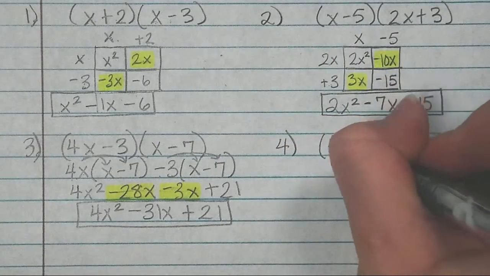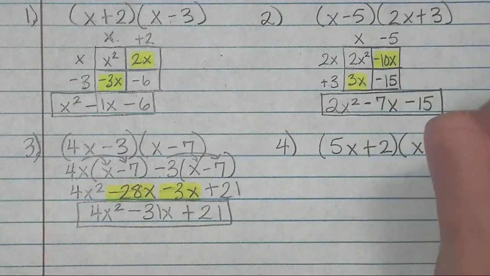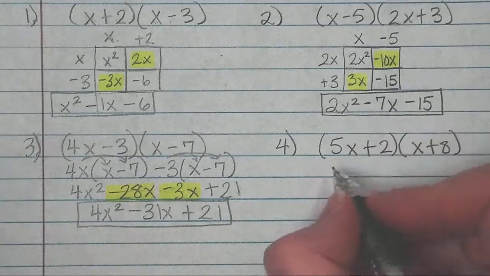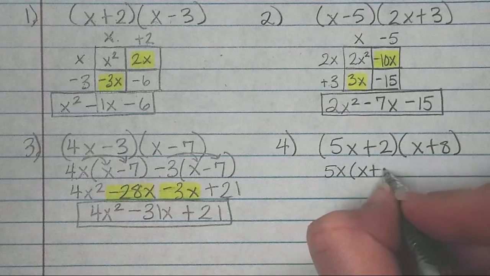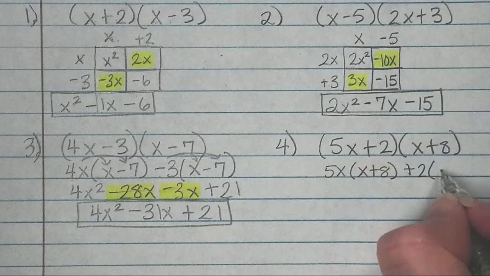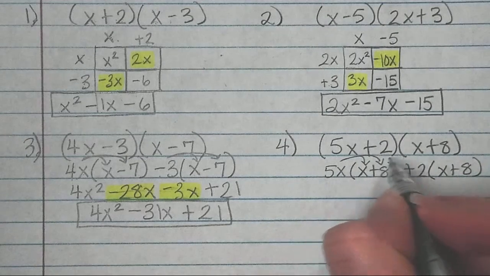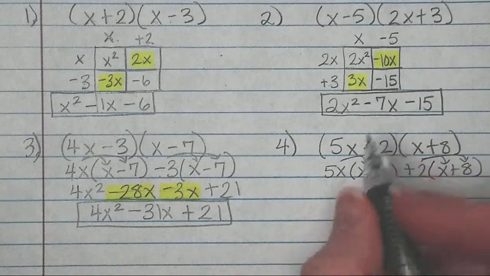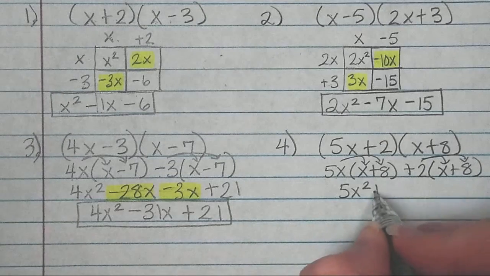5x plus 2 times x plus 8. So I'm going to take the 5x and put it with this binomial. So I got my 5x, and I'm going to put it with x plus 8. And then I'm going to take the plus 2 and put it with the x plus 8. So I'm distributing both of these things. Remember, when you have an x times x, it's going to be an x squared. So I have 5x squared. 5 times 8 is 40.